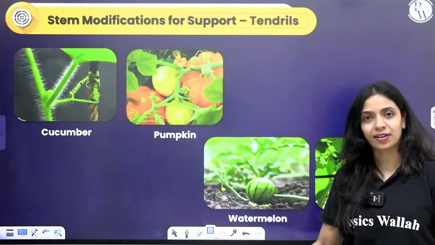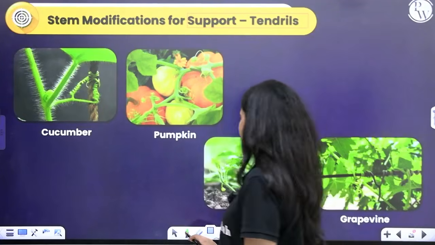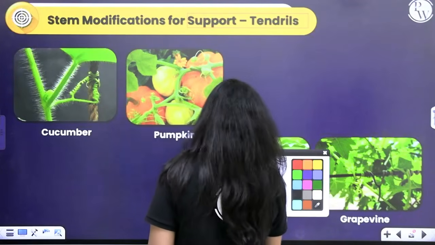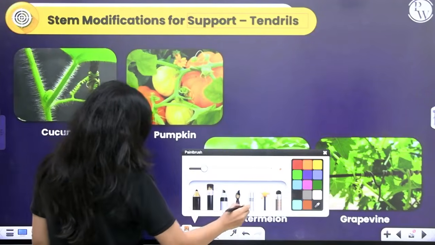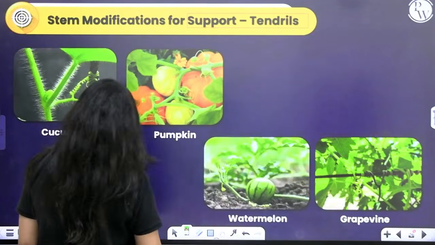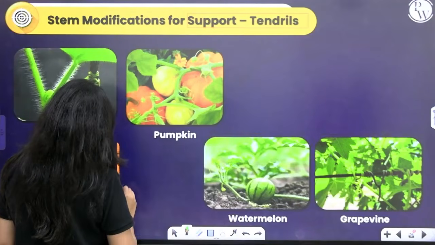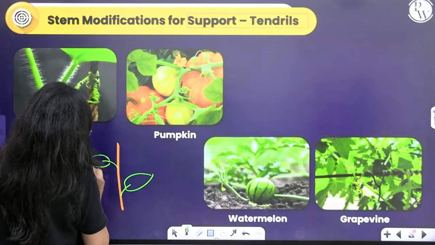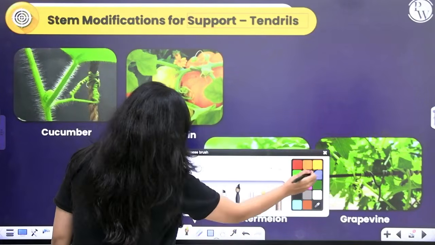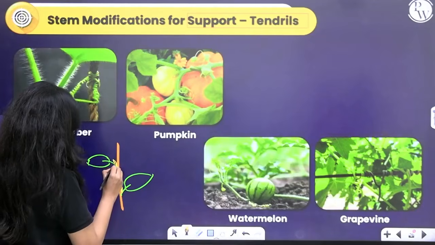We learn about tendrils in the leaf as well. But here we are talking about the stem tendrils. How do these stem tendrils form? If this is a stem and from the node, the leaf is arising, right? So you have nodes from which the leaves arise. At the axil, we will have axillary buds, right?